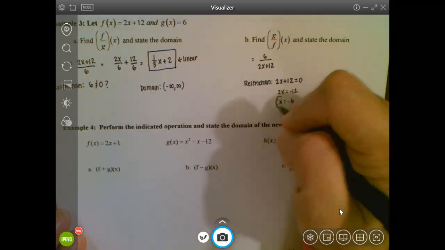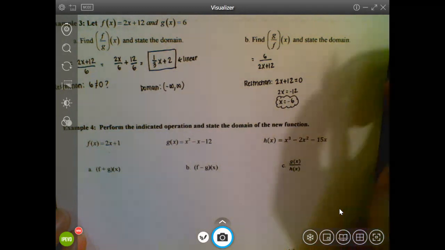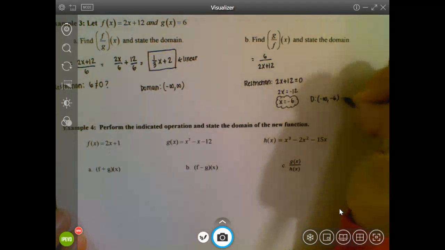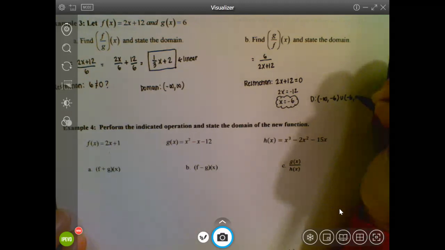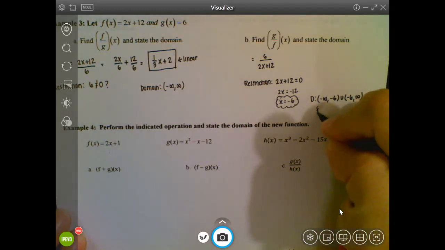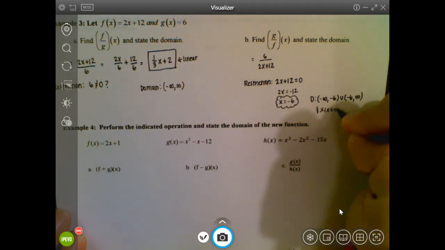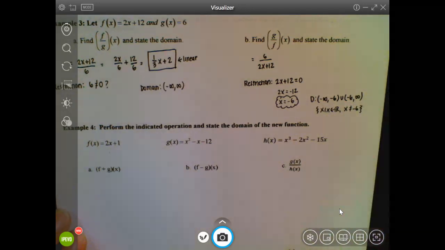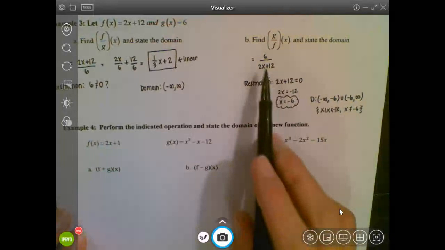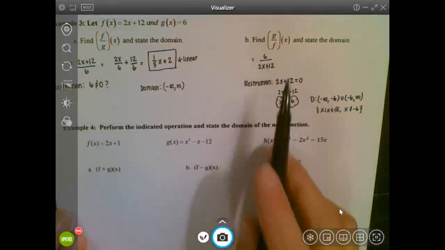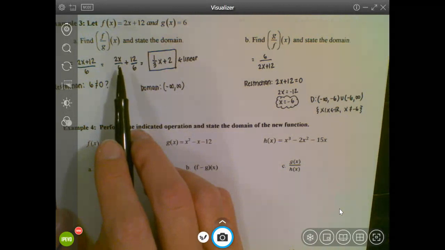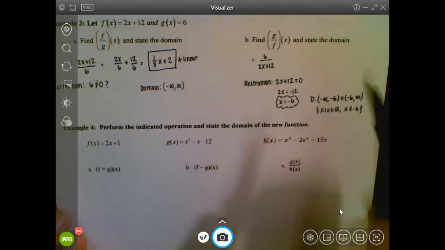Here's the value that we want to skip over in our domain. So our domain would be all real numbers, except we would want to skip over negative 6. Or in set notation, that would be x such that x is an element of the real numbers, x can't be equal to negative 6. And actually, if we notice back up here, we were able to simplify this function because we knew that these numbers all had common factors with each other.